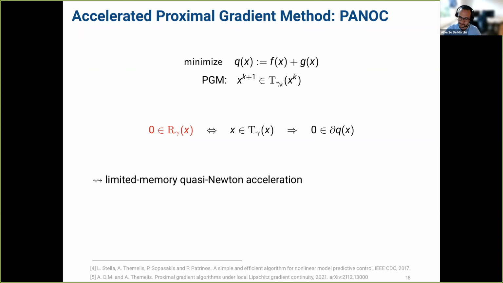Also, because if we change gamma during the iterations, because we always have to estimate this Lipschitz constant, then this operator will change, so limited memory is not a bad idea.